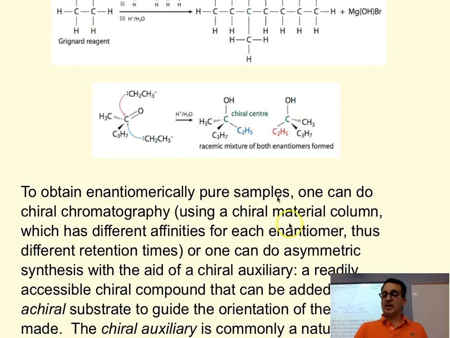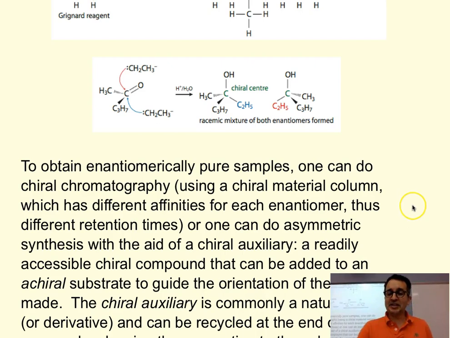Well, if we have a racemic mixture, all right, one of the simplest things that we could do is we could pass this through a column, all right, and if that column has a chiral material in there, it will bond to one substance more readily than the other, and therefore, as you flow your racemic mixture through the chiral column, you will separate the 2 enantiomers, because one of them will stick more to the column and therefore come out of the column later. The other one will stick less and come out quicker. So you separate this by what is called retention times.